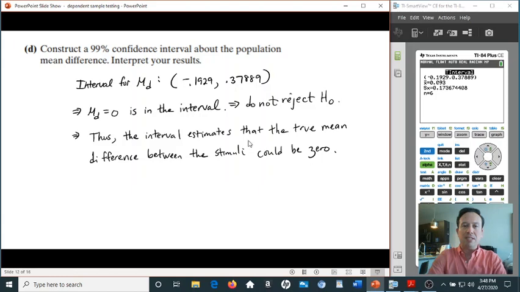The interval estimates that the true mean difference between the stimuli could be 0, because we're only really concerned about the number 0 here. 0 difference. And if 0 is in the interval, then the interval is pretty much saying that there is no difference. So when the interval goes from negative to positive, that's just another way of saying there's no difference. However, if the interval has the same sign, negative and negative or positive and positive, that means something else.